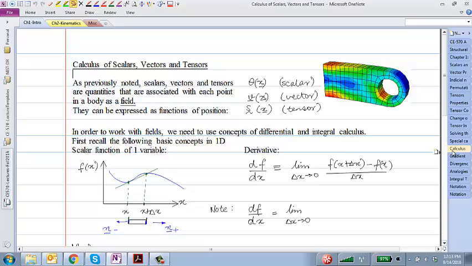Right? In the same way, if I'm looking at, say, deformations, then when the structure deforms, what I want to know is how quickly is the deformation changing? Meaning that if I have 2 points that are close to each other in the initial undeformed configuration, then how far apart are they in the deformed configuration?